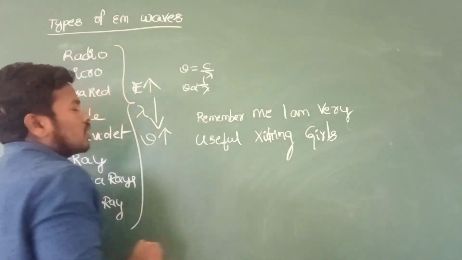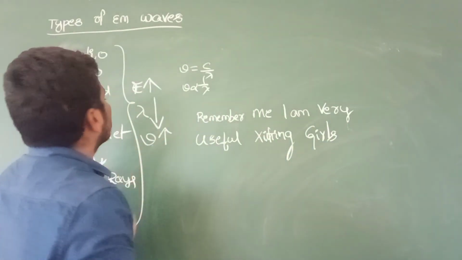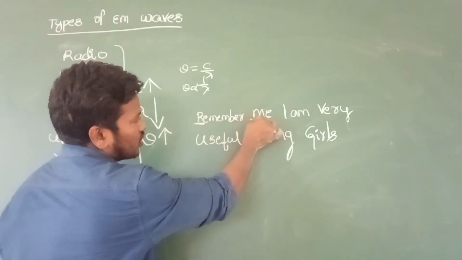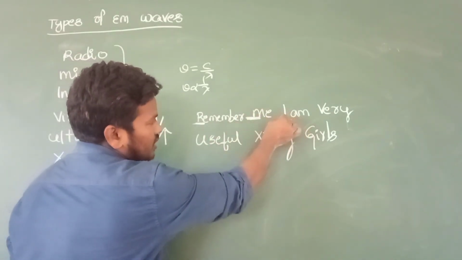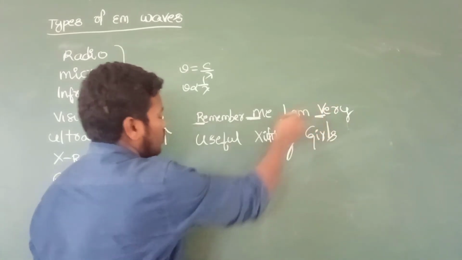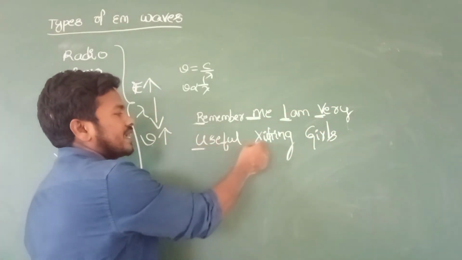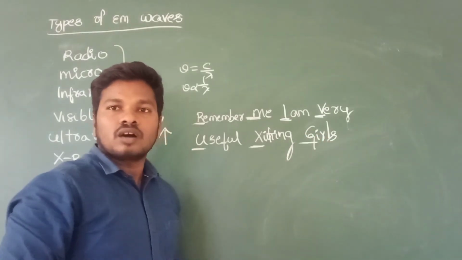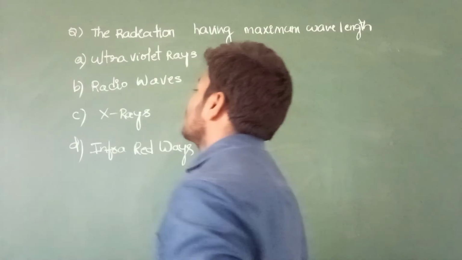If you remember the statement, you can automatically remember this sequence. R stands for radio waves, M stands for microwaves, I stands for infrared, V stands for visible, U stands for ultraviolet, X stands for X-rays, G stands for gamma rays, and cosmic rays also you have to remember.